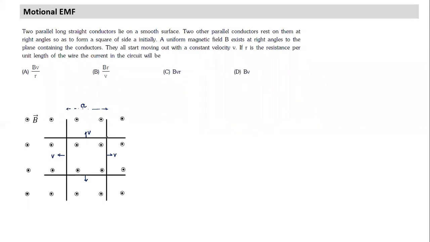So if R is the resistance per unit length, in this loop at this instant, what is the total resistance? Total resistance will be resistance per unit length times the length of the loop. At the given instant, what is the resistance of the loop?